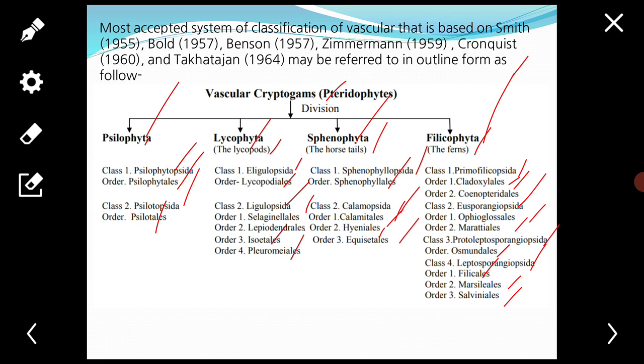Next, Lycophyta. The characteristics of Lycophyta.